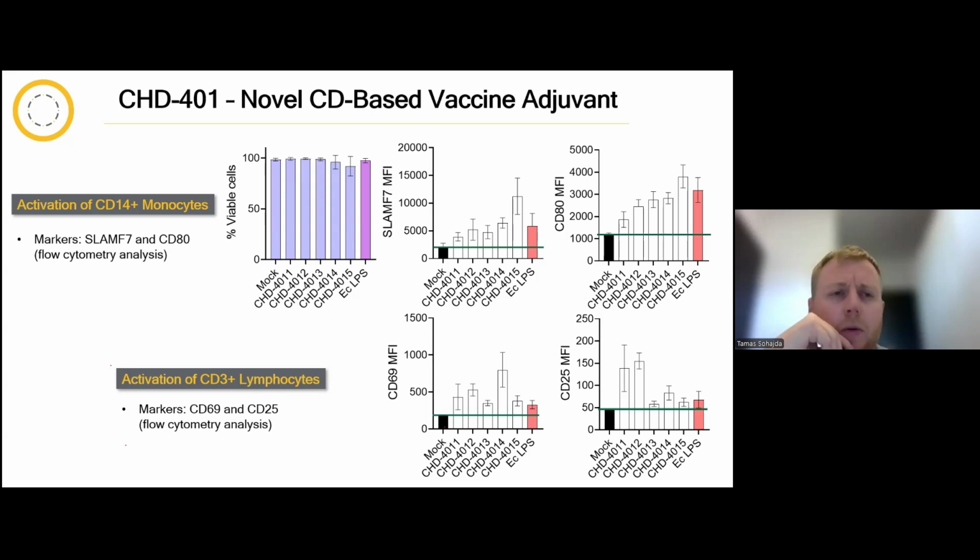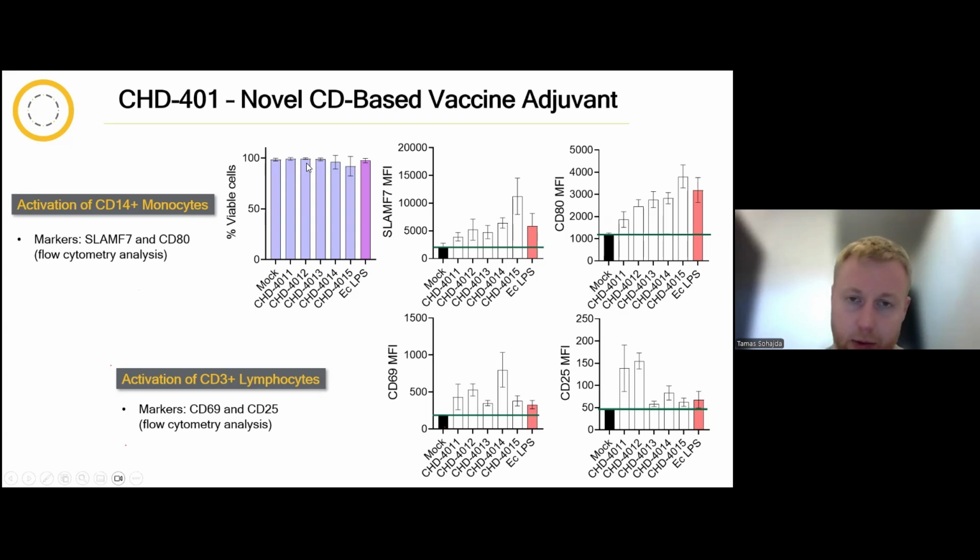So what is it that cyclodextrins activate in the immune cells, the monocytes, the lymphocytes, and can we draw any structure activity relationship between the activation and certain biomarkers and the structure of the cyclodextrin? So with the help of this group, we screened a fairly huge library of cyclodextrins.